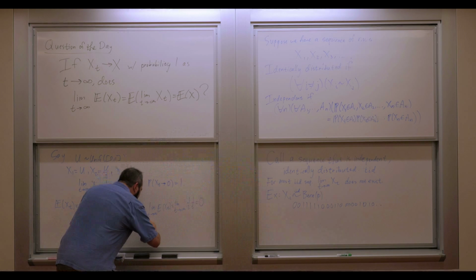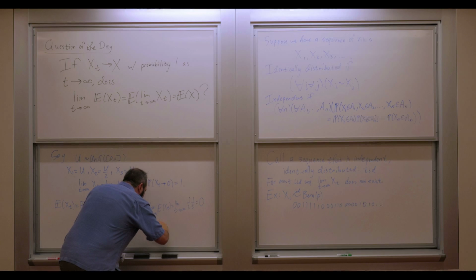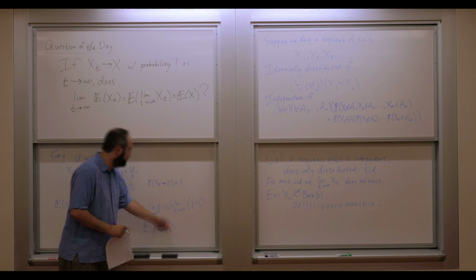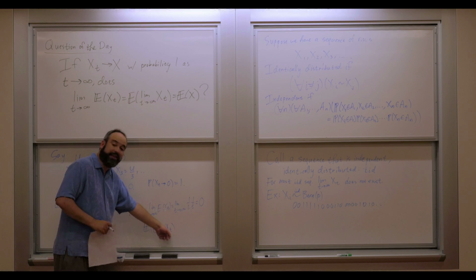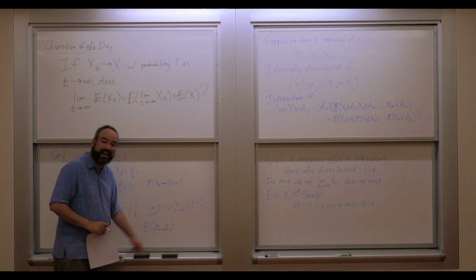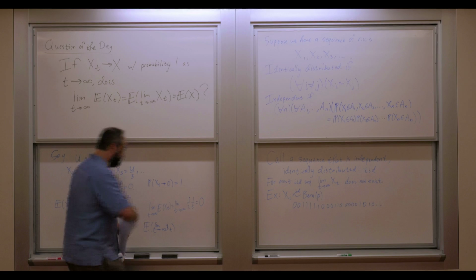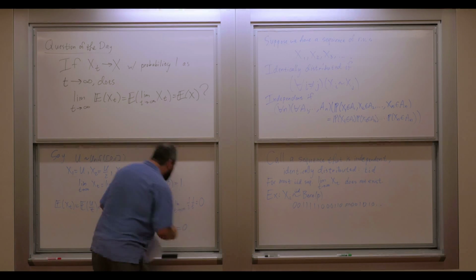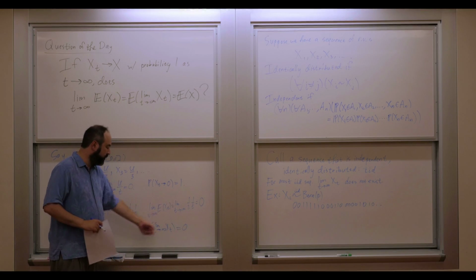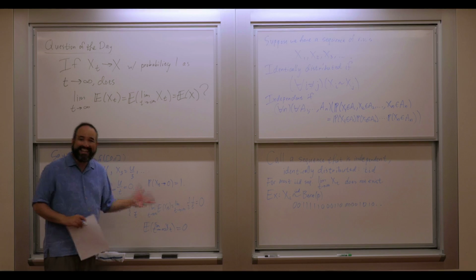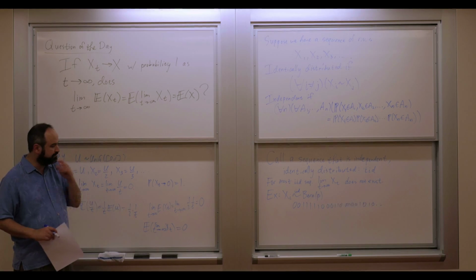Well, the expected value of the limit as t goes to infinity of x of t, we just said the x of t's are going to 0 with probability 1, and so the expected value of the limit is also 0. So this is an example where it's okay to bring the limit in and out of the expectation.